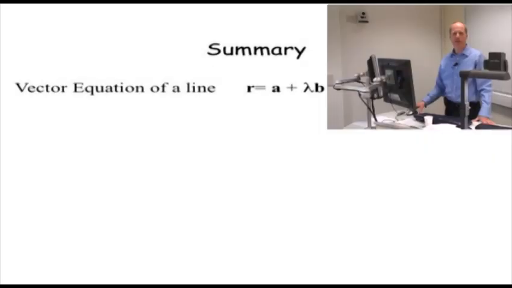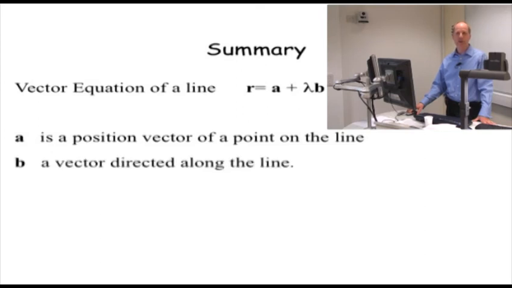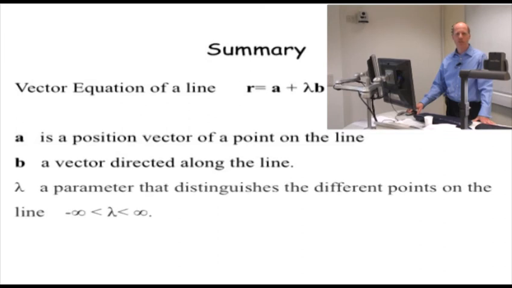In summary, the vector equation of a line requires two vectors: the position vector of one point on the line and a second vector defining the direction of the line, which can be found from the position vector of a second point. The result is a parametric equation giving the coordinates of all possible points on the line in terms of a parameter that varies from minus infinity to plus infinity.